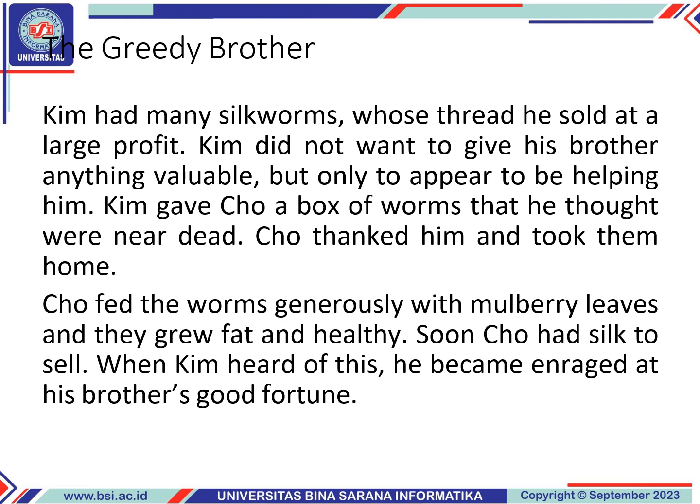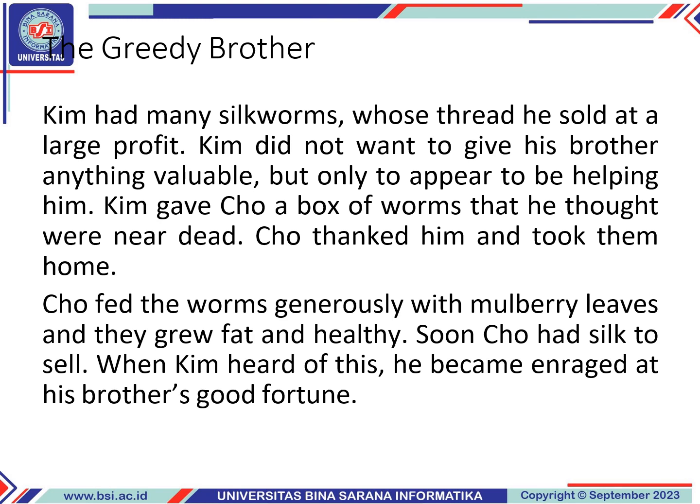Kim had many silkworms, whose thread he sold at a large profit. Kim did not want to give his brother anything valuable, but only to appear to be helping him. Kim gave Cho a box of worms that he thought were near death.